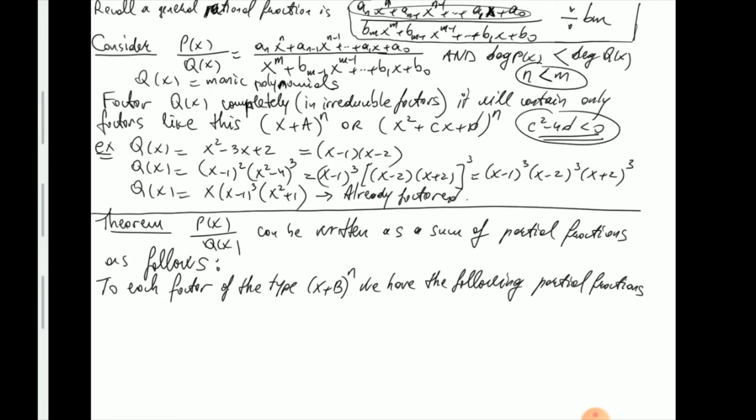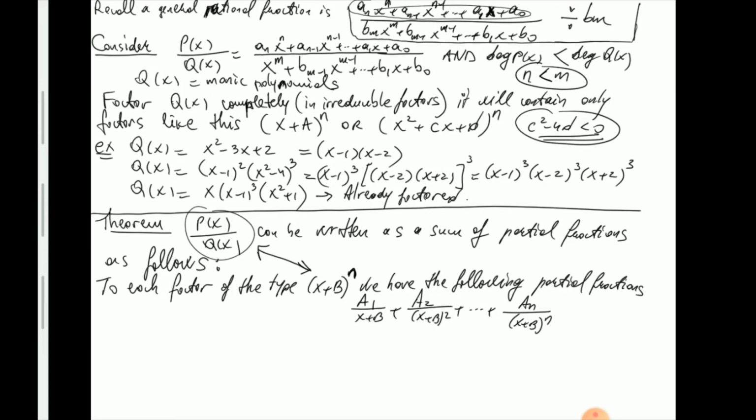So we have a over x plus b, plus a2 over x plus b squared, plus dot dot dot, a n over x plus b to the power n. So multiplicity matters. If you have x plus b to the power n in the factorization of q of x, when you split the original fraction into partial fractions for each of these factors, for x plus b to the power n, you're going to have n partial fractions of this type, each of them with all the multiplicities from 1 up to n.